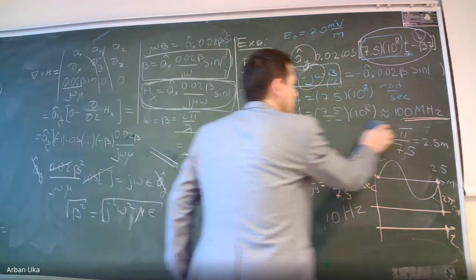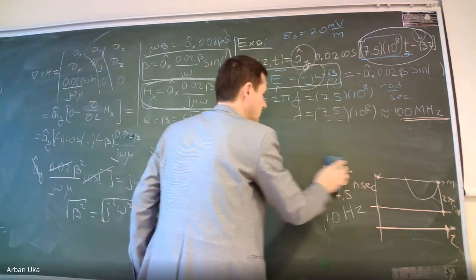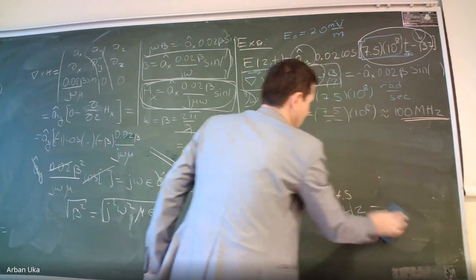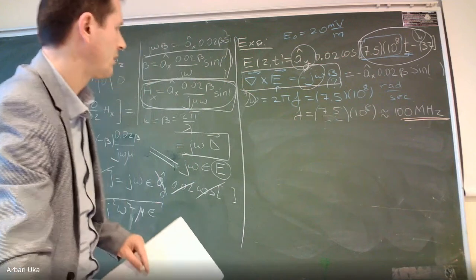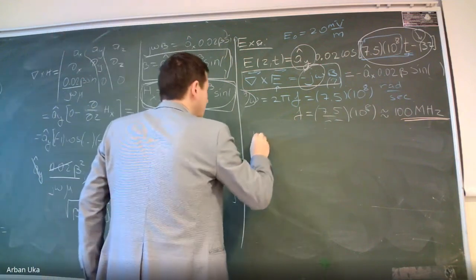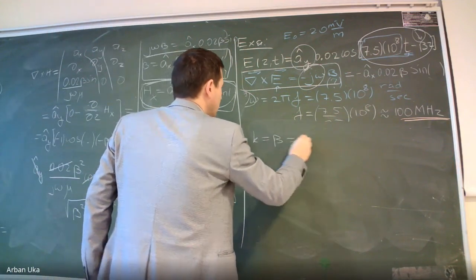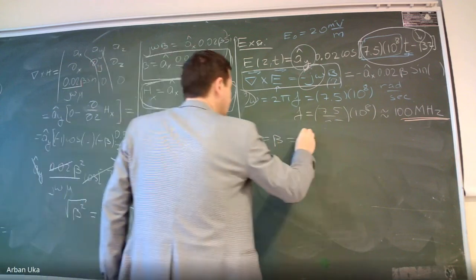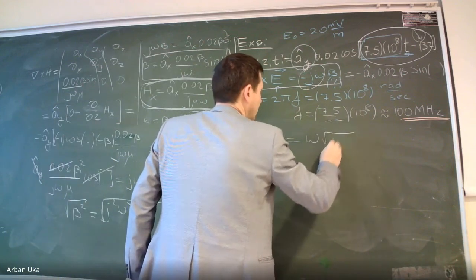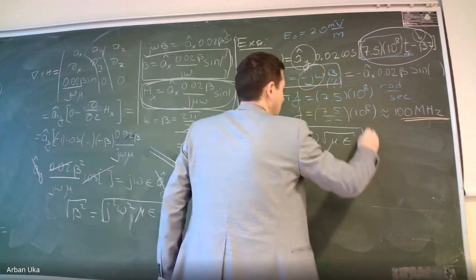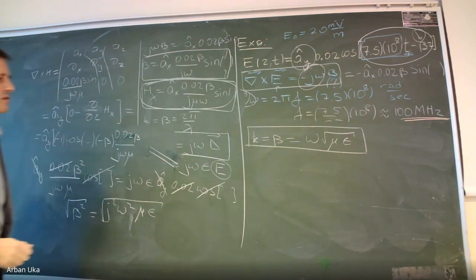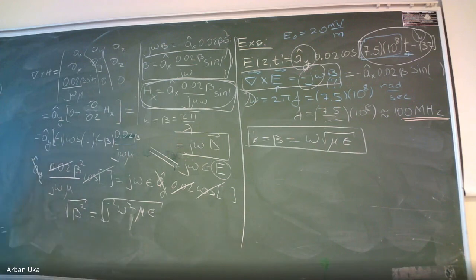This was just about frequencies, so let me write here k for a moment. This is going to be equal to beta. This will be equal to omega. So this is what we get from this expression that we worked out for some time during this hour.